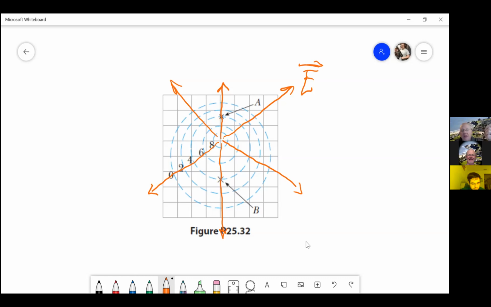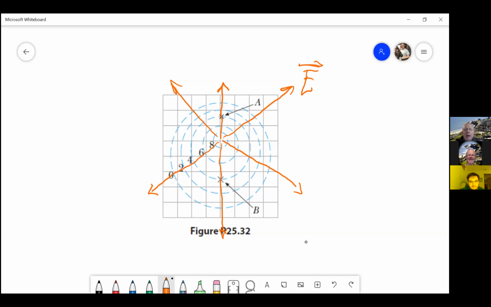Okay, now its strength would be how the voltage changes per meter. Now, maybe I cut away from the problem a little too quickly. Doesn't it say each square is 1 centimeter? Yeah, 1 centimeter.